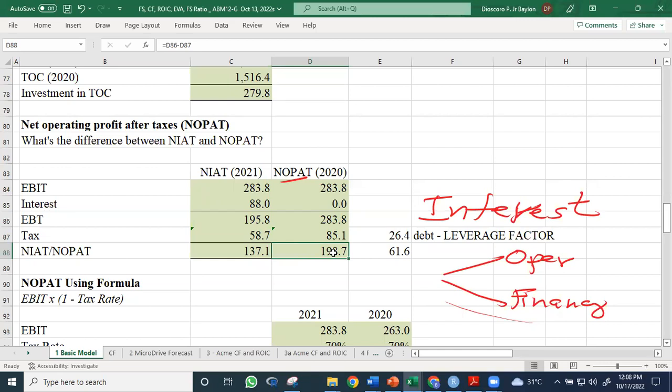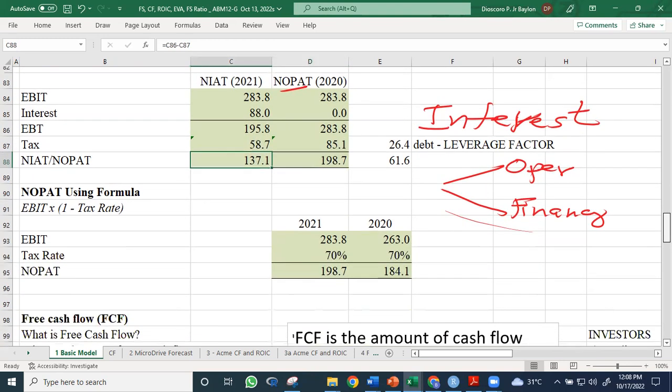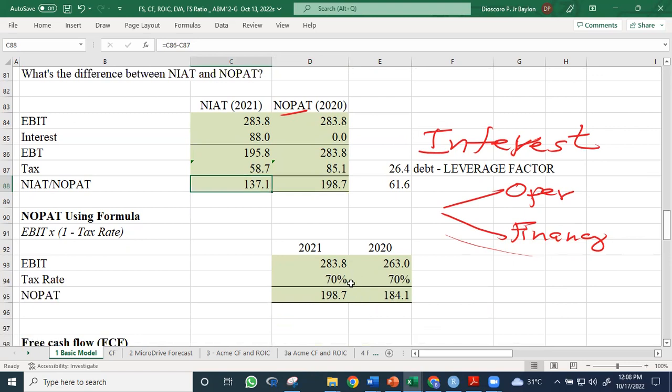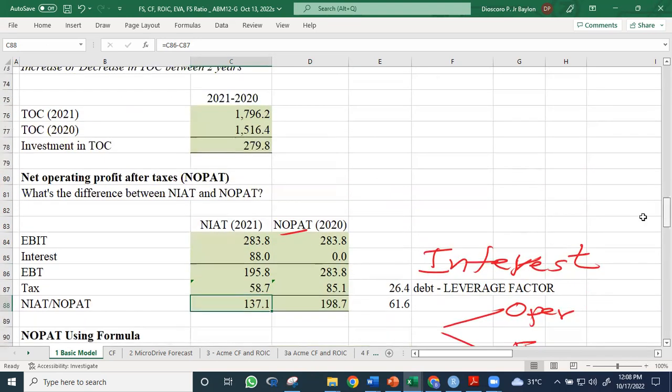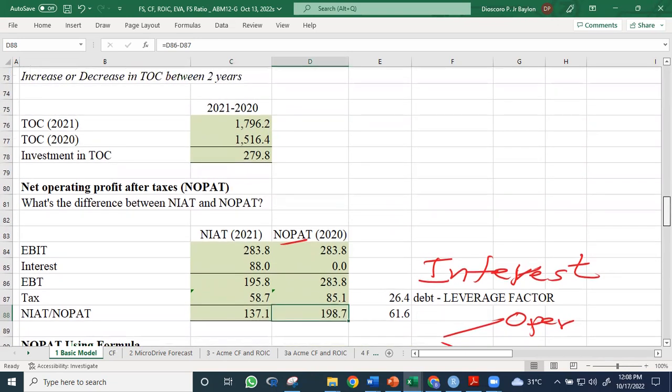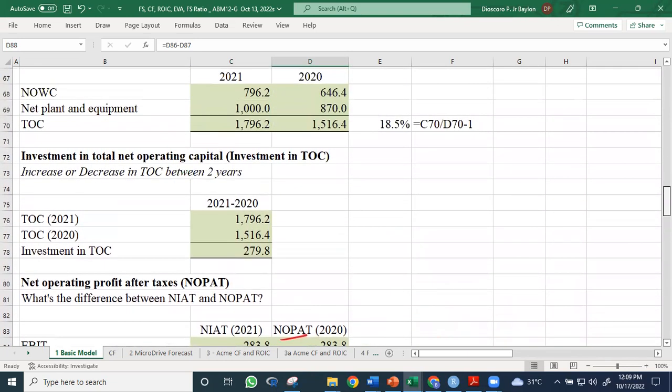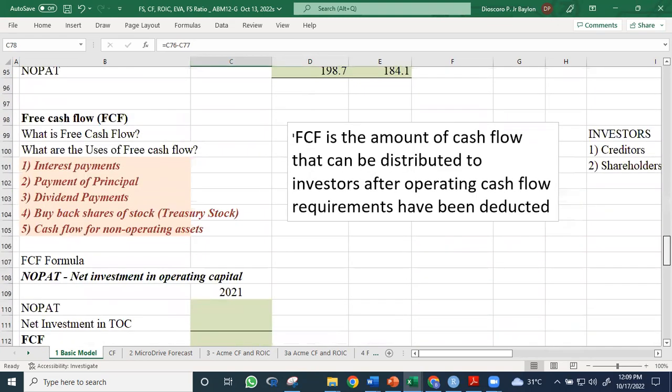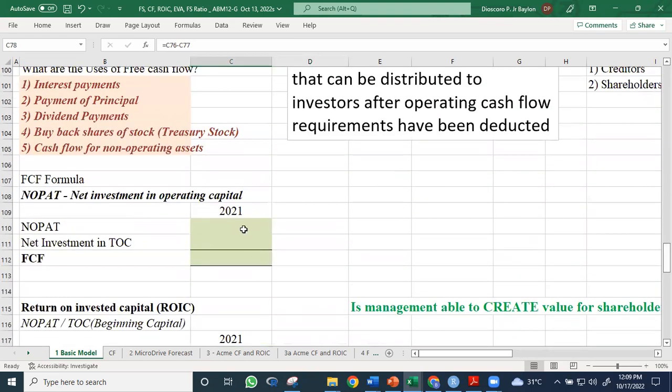So for 2021, the NOPAT is 198.7. Kasi yung 137.1, niyat yan. So 198.7, and then ibabawas natin yung investment in TOC. Kasi mga operating to eh. So ito yung TOC natin, 179.8.